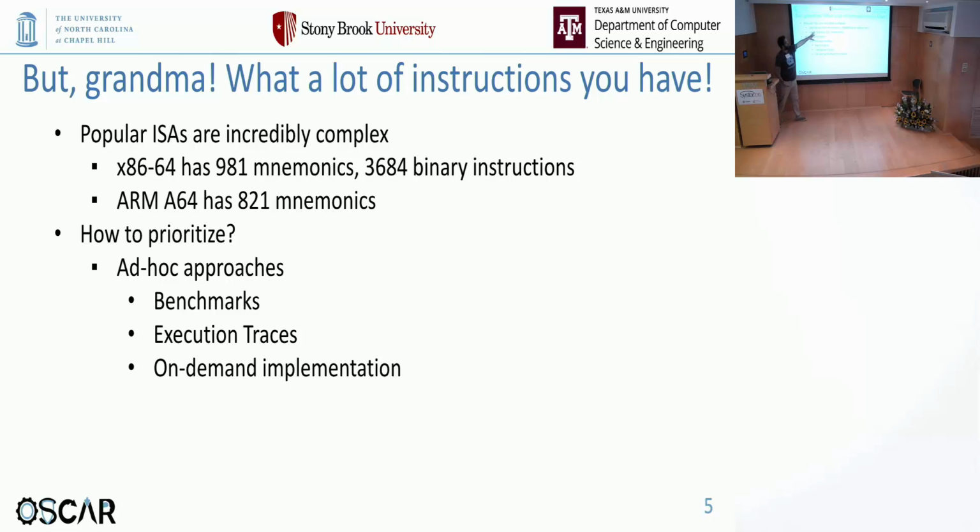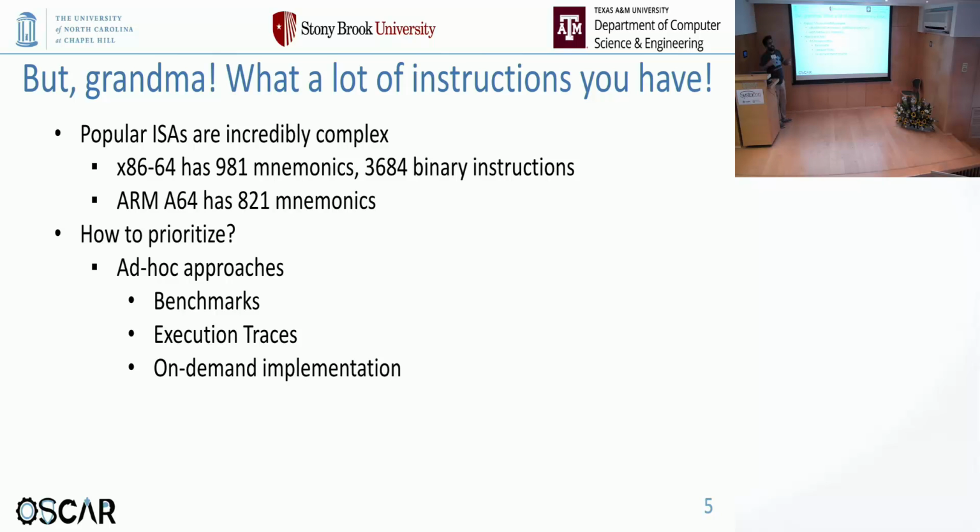And those 981 mnemonics correspond to 3,700 binary encodings. That's what the machine understands. So if you have to support that many binary encodings in a translator or an emulator, it's a lot of work. ARM similarly has a large number of mnemonics.